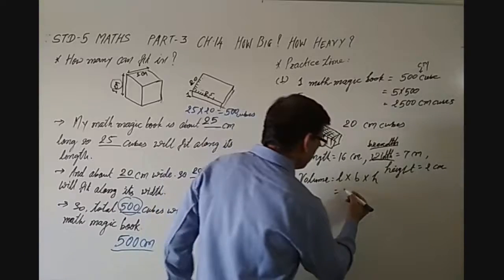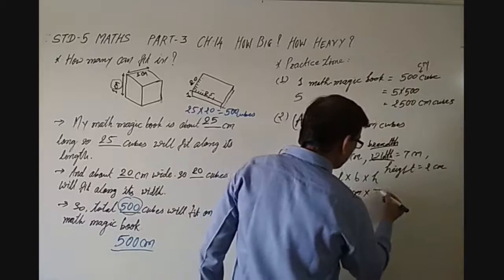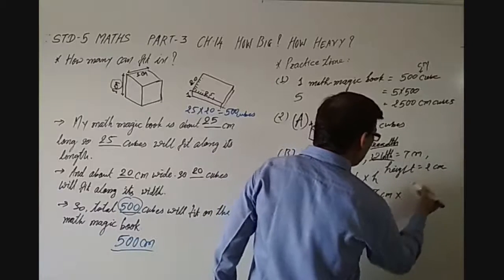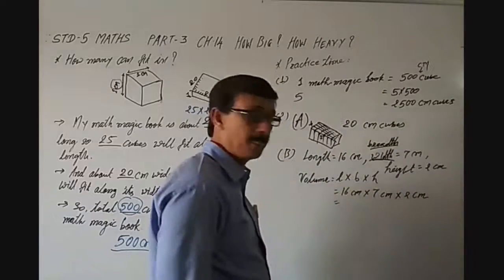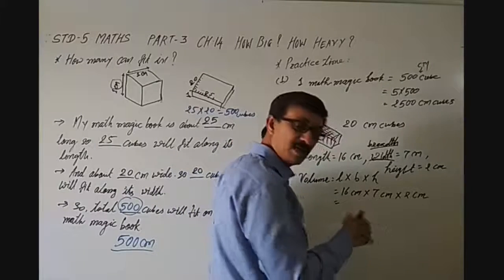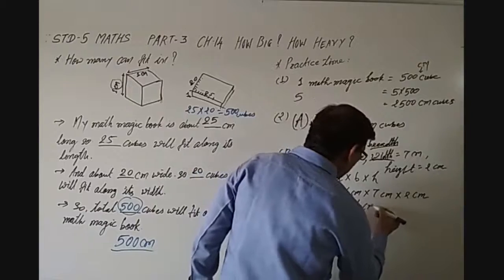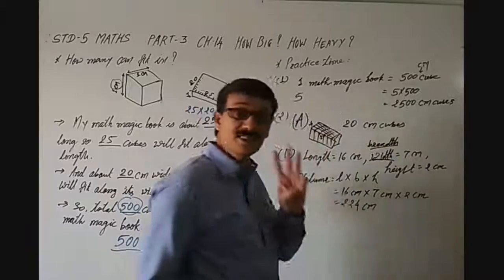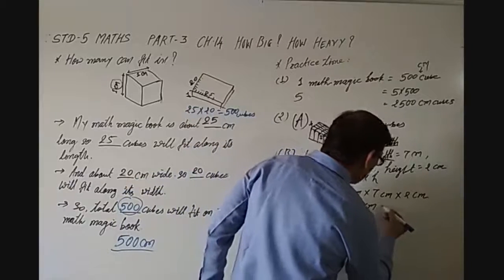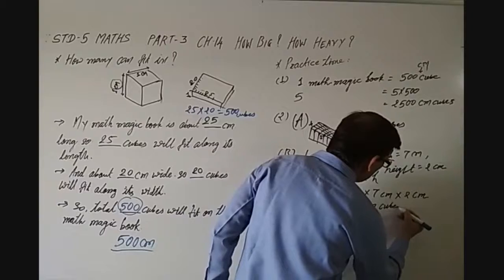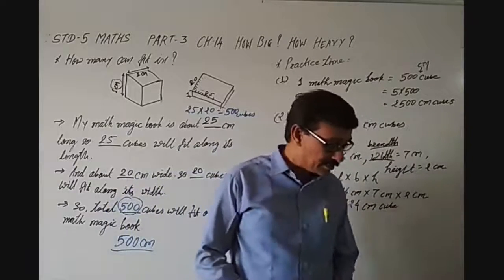The length is 16 centimeter, multiplied by breadth 7 centimeter, multiplied by height 2 centimeter, and it is equal to 224 centimeter cube. That is why we should write it like that.